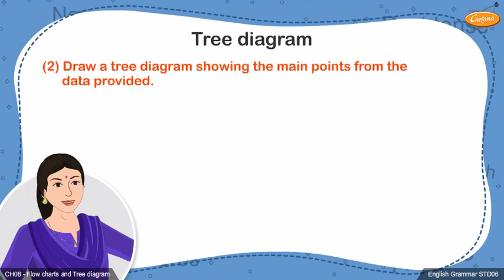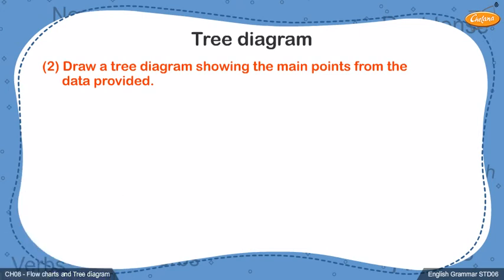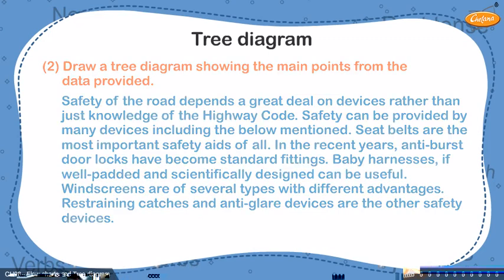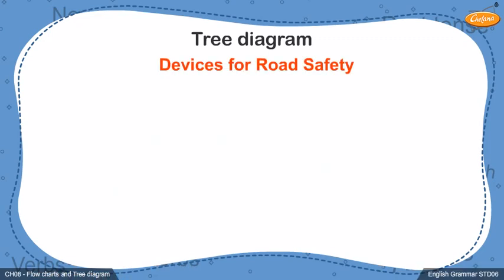Let's consider an example. We come to know after reading the paragraph that it describes the measures and devices to be used for road safety. Therefore, devices for road safety becomes the central idea and will be written in the top box.